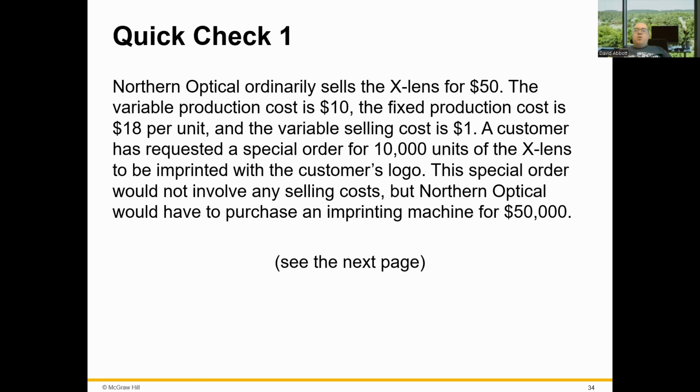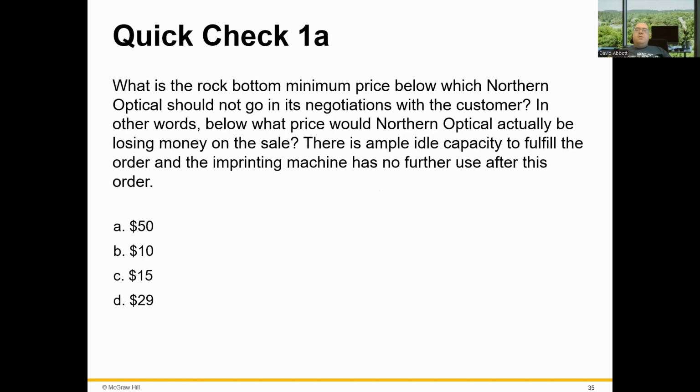This special order would not involve any selling costs, but Northern Optical would have to purchase an imprinting machine for $50,000. So, what is the rock bottom minimum price below which Northern Optical should not go in negotiations with this customer?